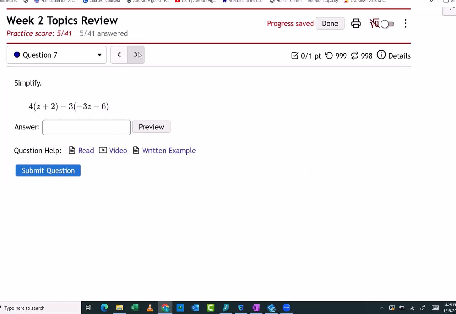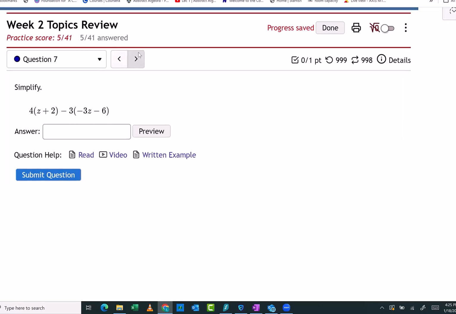This has got distributive property, PEMDAS. There's a lot happening here. So let's write down PEMDAS. And we're going to start with the P. P stands for parentheses. I have z plus 2 in parentheses. I can't do anything with that. Minus 3z minus 6.